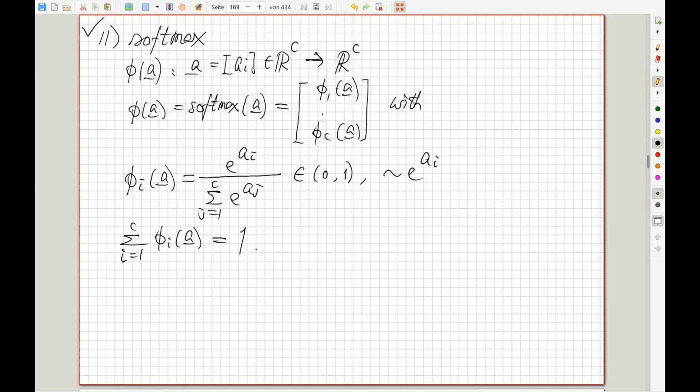Now, I guess some of you already have a clear understanding. We have an output vector of length C. All the elements are non-negative, between 0 and 1, and the sum of them is equal to 1. They are probabilities, right? By using the softmax activation function, we calculate at the end the final output of the neural network as a probability vector for C classes.